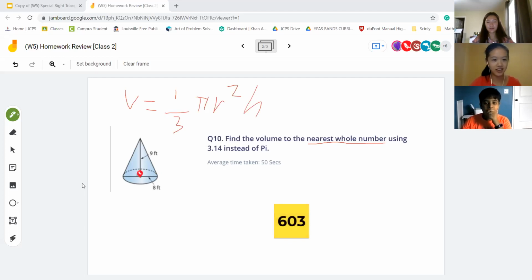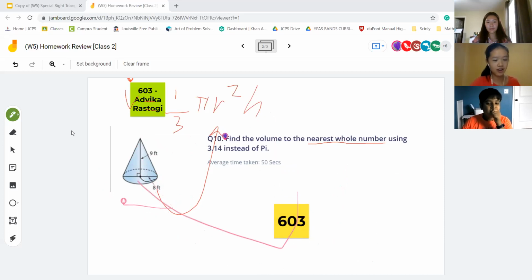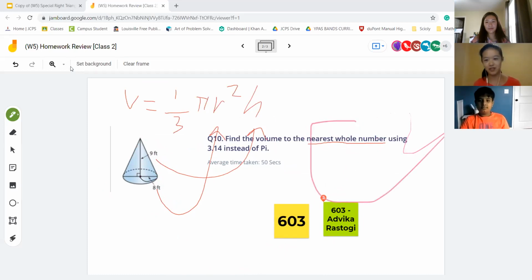So it says here that the radius is 8 and the height is 9. Now we just use our trusty calculator, because for these types of problems where you need to multiply using pi equals 3.14, I think you can usually use a calculator.